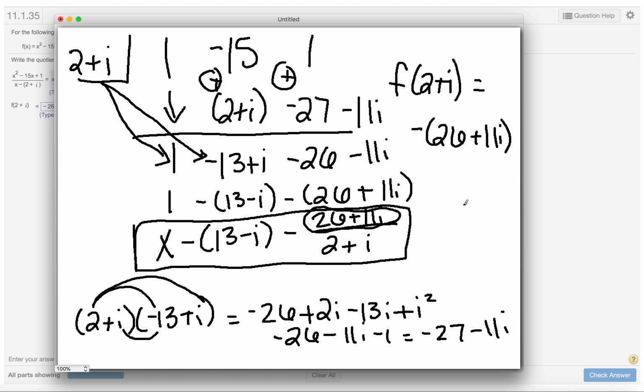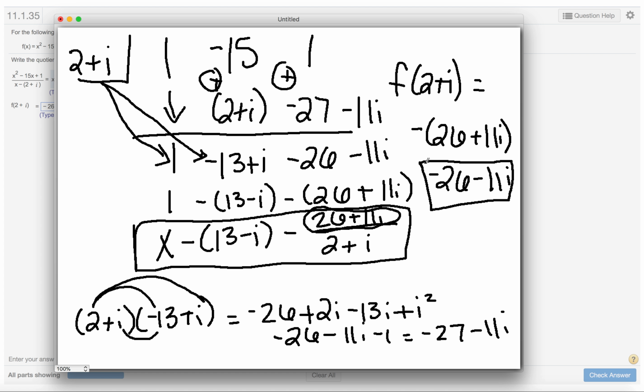That's mathematically correct, but the lab isn't going to know what to do with that parentheses as the f of 2 plus i. So what I'm going to do is distribute that negative. And that's what the math lab is going to want to see. Just because it's kind of awkward with those parentheses, it's a computer, and so it's trying to make that a point or something else. It's not understanding you factored out a negative. So for the second part, you would enter that.